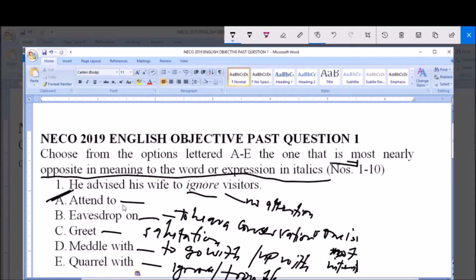So option A is correct. He advised his wife to give attention to visitors.